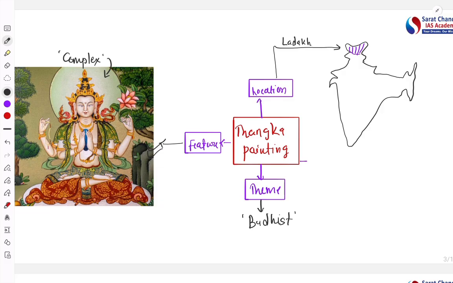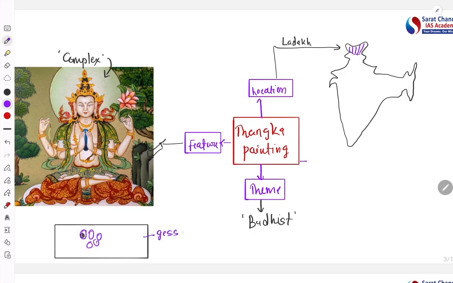The second thing is that these paintings are created on a stretch of cloth, and it will be coated. The coating will be done using gesso and chalk.